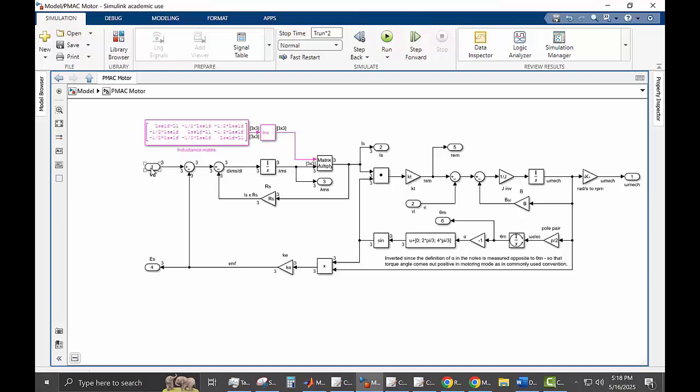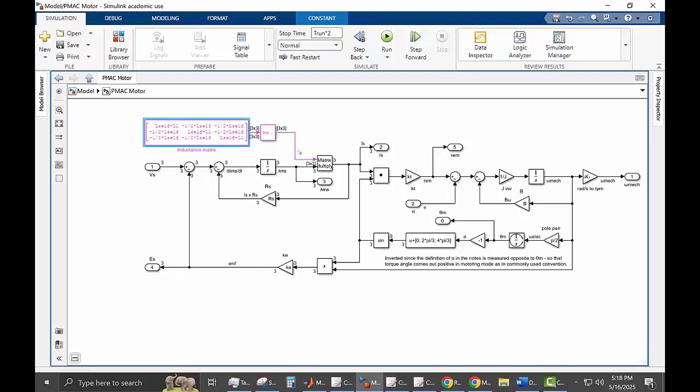So you have Vs minus Es, and then you subtract the voltage drop across the resistance. That'll give you d lambda ms by dt. This is just the rate of change of the flux linking the stator coils due to the stator currents alone, not including the BR magnetic field. You integrate it, you get the flux linkage, and then you divide it by the inductance matrix, which is just a constant matrix. You get your currents.